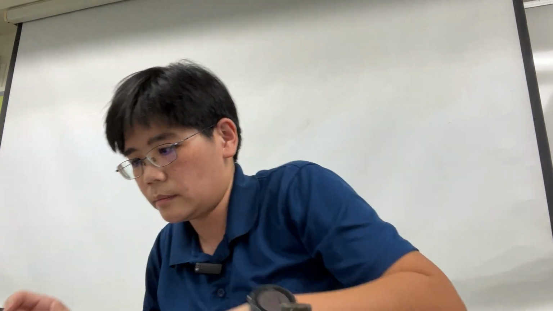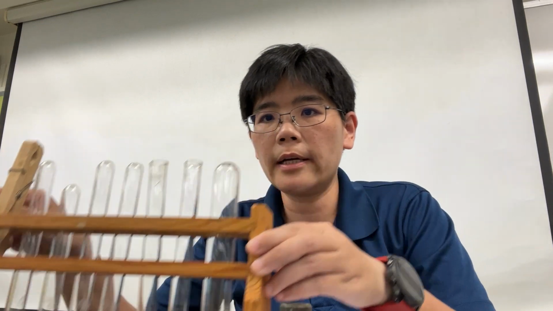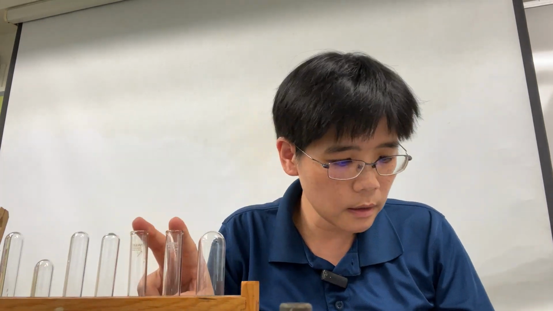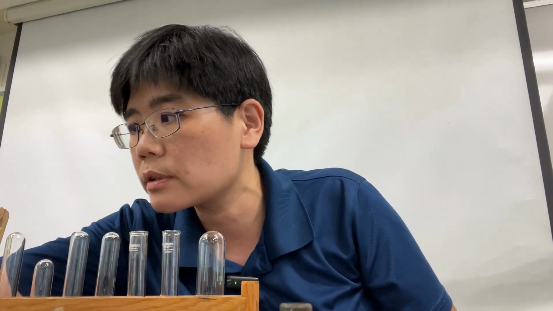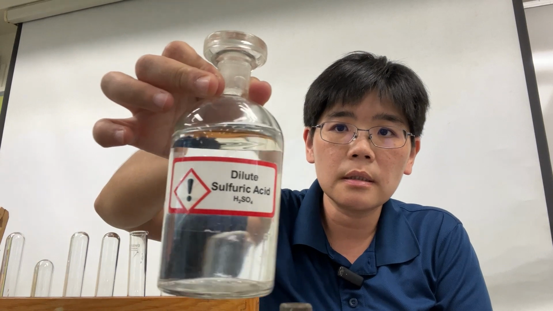So that's the end of part A. The next box in part A: place 2 test tubes in a test tube rack. Here they are. Add about 2 centimeters depth of sulfuric acid into one of the test tubes. This is sulfuric acid.